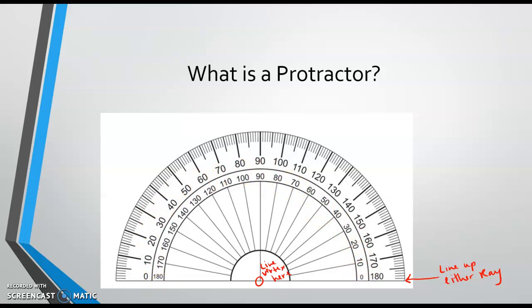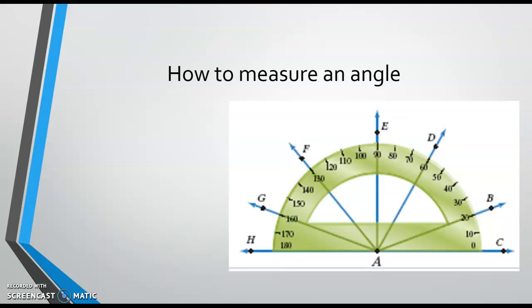All right, moving on. Now how do we measure an angle? Let's say that I want to find the measure of angle CAB. I have to make sure that A is my vertex.